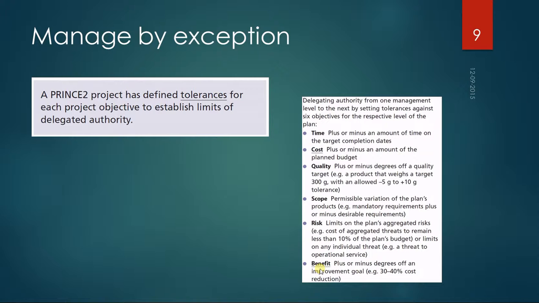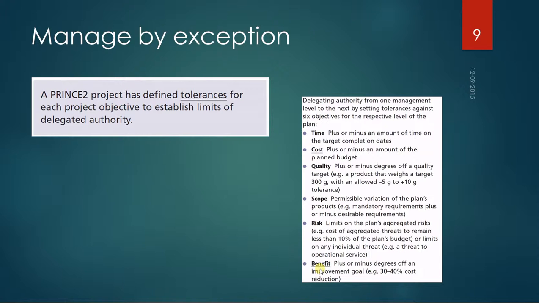If the project board has approved that the coming phase should cost between 1 million and 1.2 million, then that's a tolerance that the project manager can operate within. But there are tolerances in all the layers that we saw on the previous slide, the managing layers.